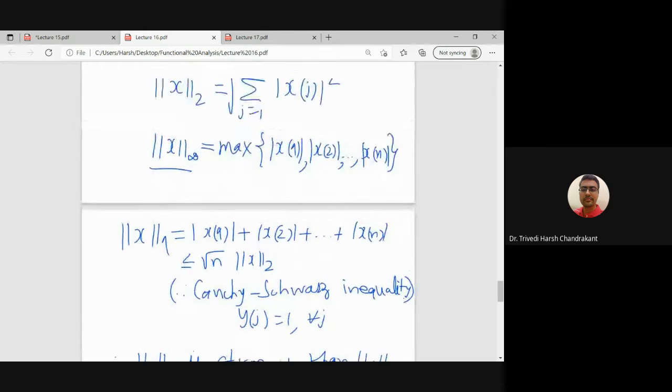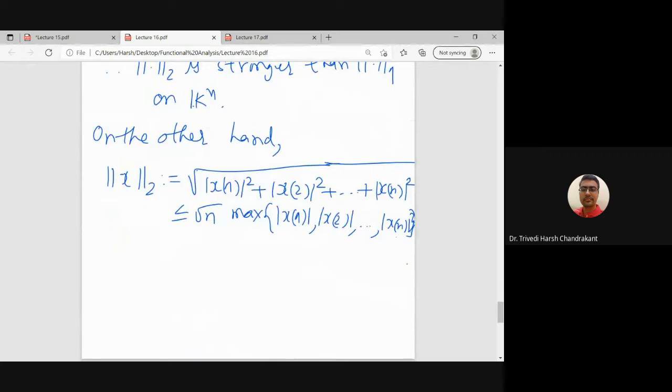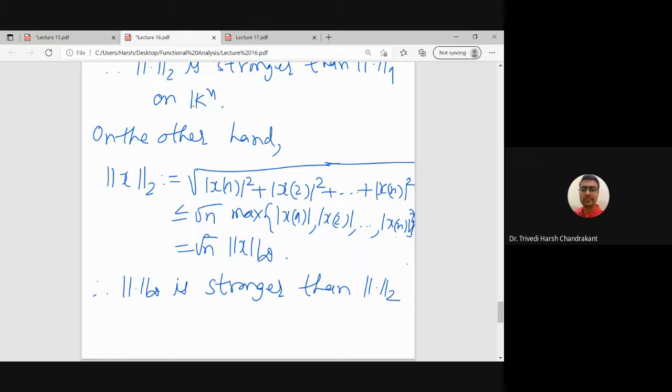What we have done is compare the 2 norm with the infinity norm. Therefore, this norm is stronger than the 2 norm on Kn.